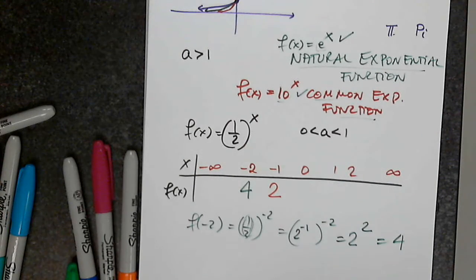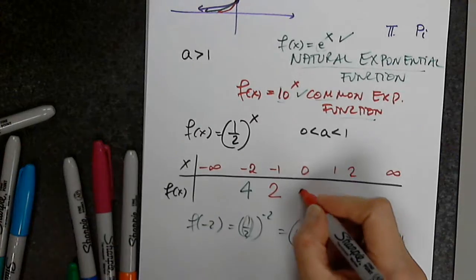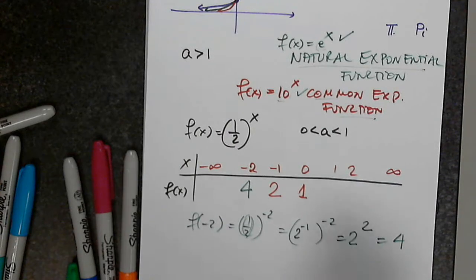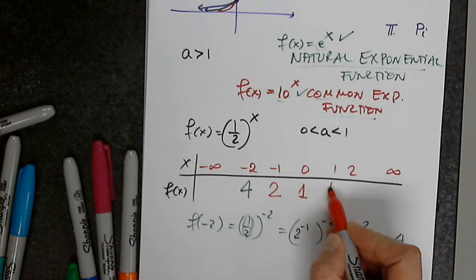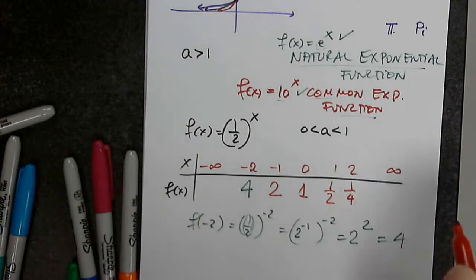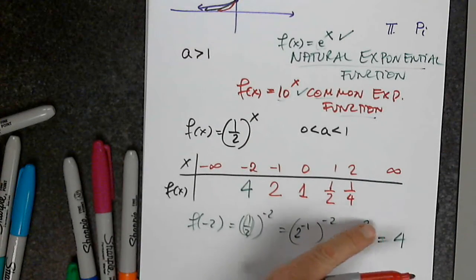Excellent. 1/2 raised to 0, and this is valid for any number raised to 0 except 0. Then 1/2 raised to the first power is obviously 1/2, and 1/2 raised to the second power is 1/2 times 1/2.